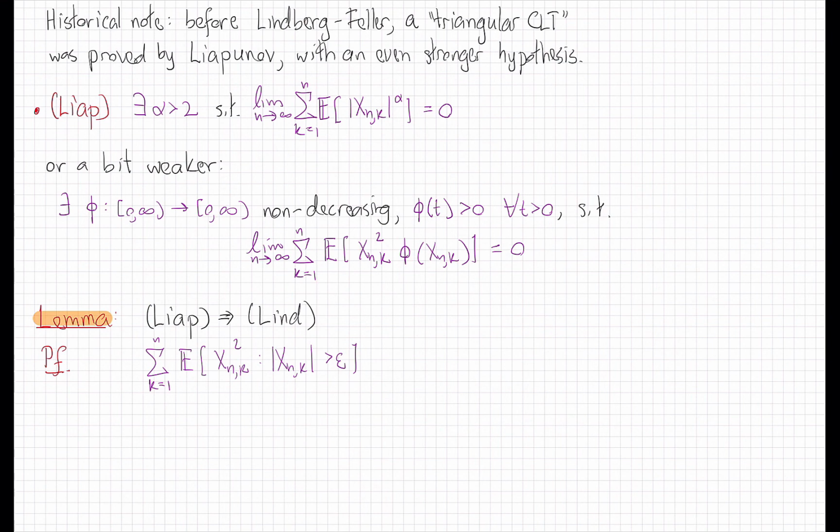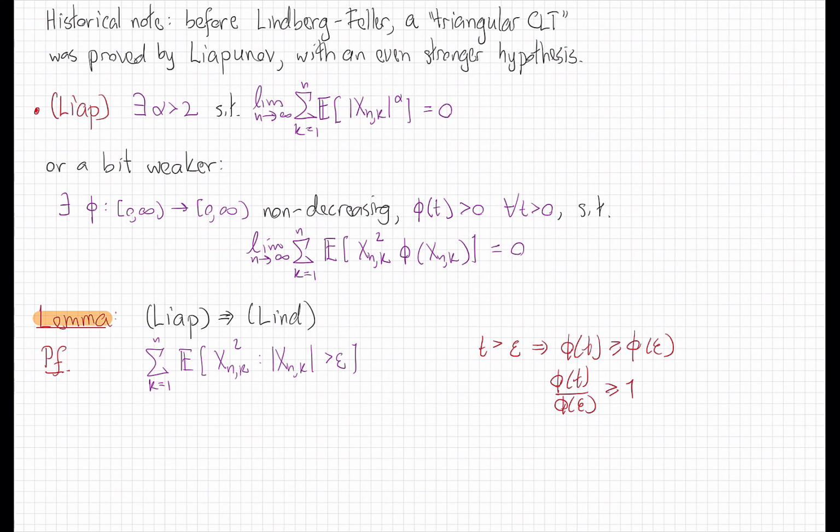Indeed, assuming the Liapunov condition, consider the sum in the Lindeberg condition. Now for each epsilon, note that by the non-decreasing assumption on the function phi, t being bigger than epsilon implies that phi of t is bigger than or equal to phi of epsilon. Or in other words, since phi of epsilon is strictly positive, we can divide by it, and phi of t divided by phi of epsilon is greater than or equal to 1.